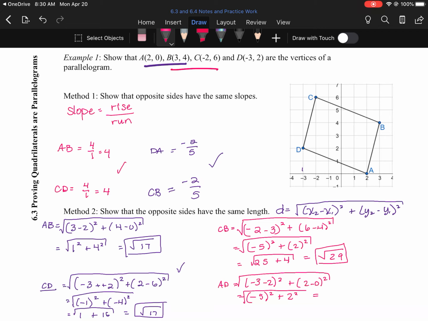And we already know that's going to be 25 plus 4, so the square root of 29. So all of this work is what you would need for this problem, because that's showing that opposite sides have the same length. So that's a good little bit more work than the first method, if we have the picture.